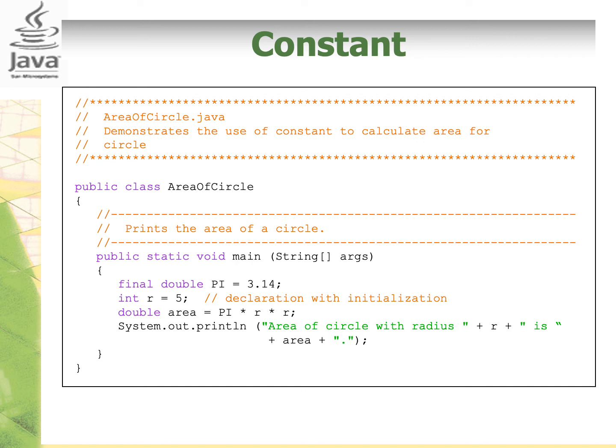What I meant by that is, say that if we did not declare and initialize int r equal to 5, say that we don't have that line. That means to calculate the area, we have to write double area equal to PI times 5 times 5.